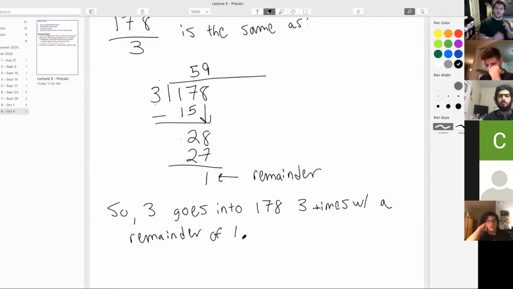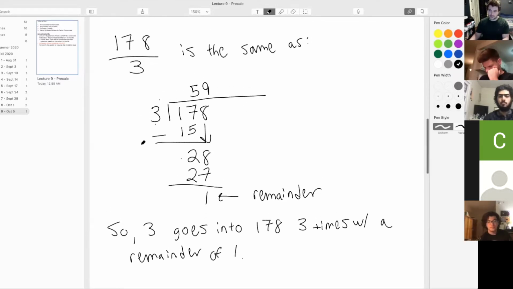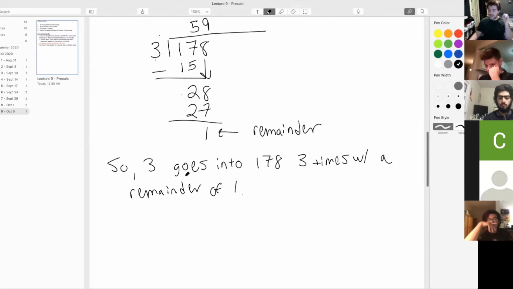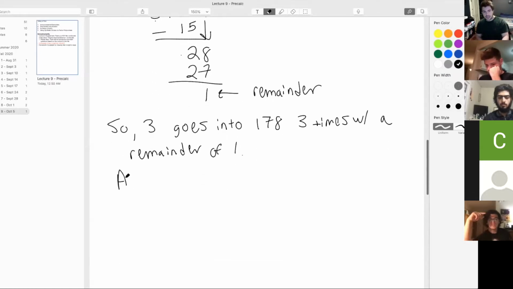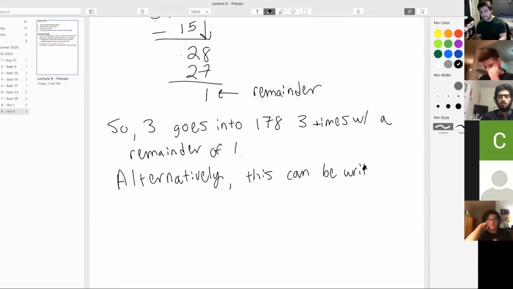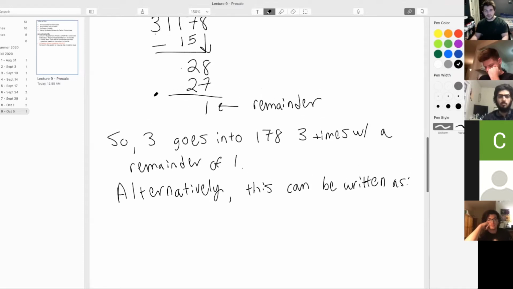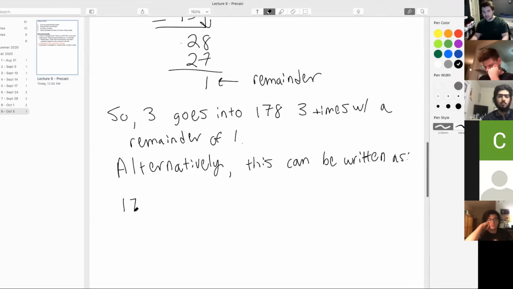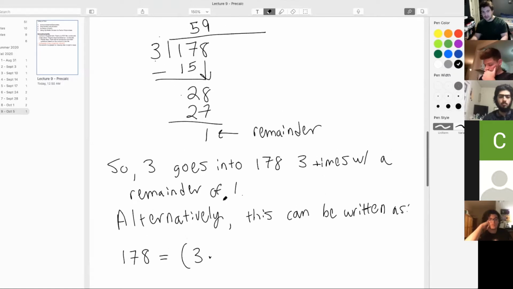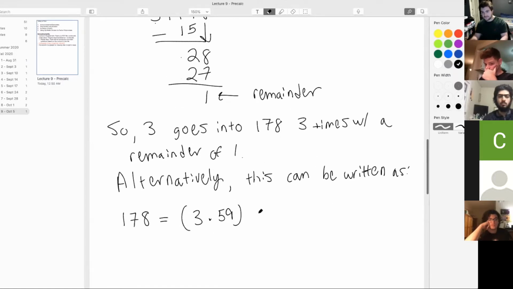That's the conclusion of this little algorithm. Alternatively, through this process we have rewritten 178 as 3 times 59 plus the remainder of 1.